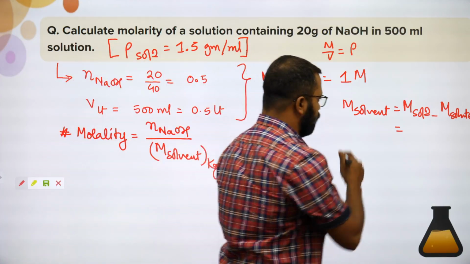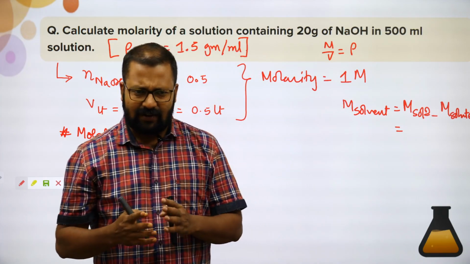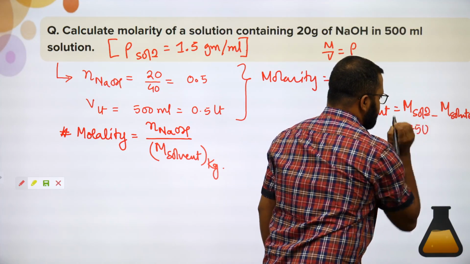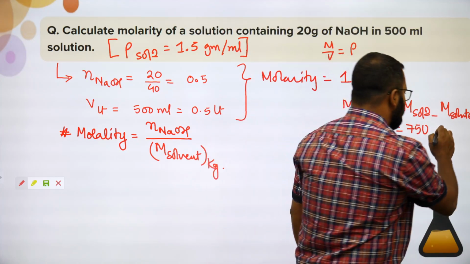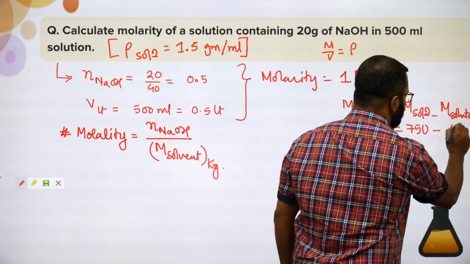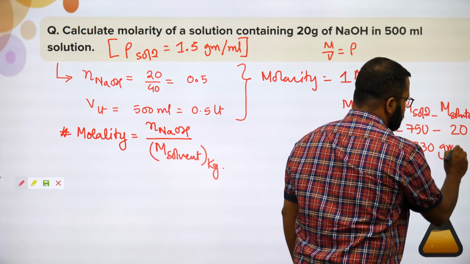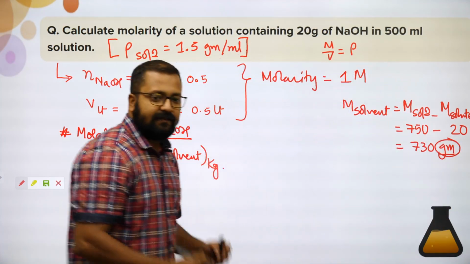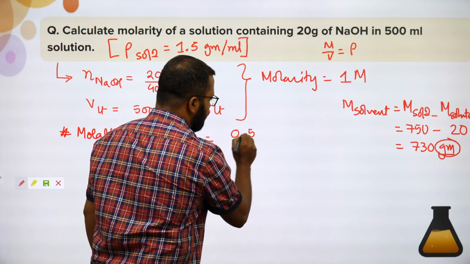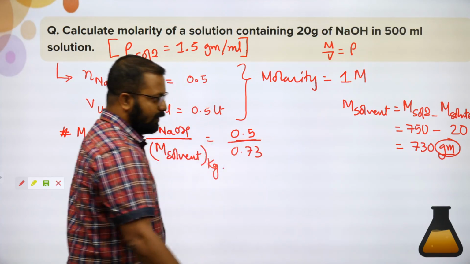So it turns out to be how much? 1.5 times 500, how much is that? 750 grams. Mass of solute is how much? 20. So we have 730 grams of solvent. If we have 730 grams of solvent, I will write 0.5 by 0.73 as the molality.